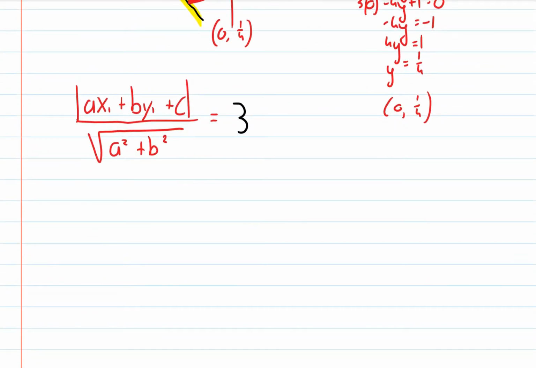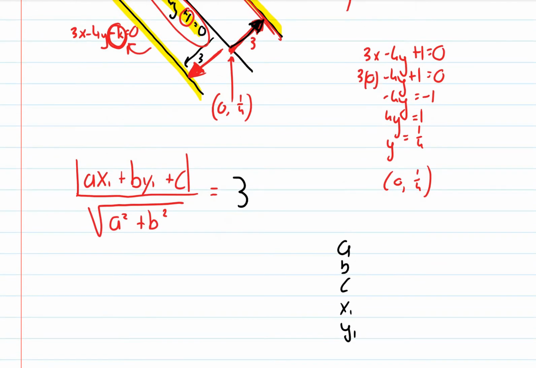Okay, I'm going to label out my A, B, C, x1, y1. So my A is 3, my B is minus 4, my C is k, I don't know what it is, my x1 is 0, my y1 is a quarter.